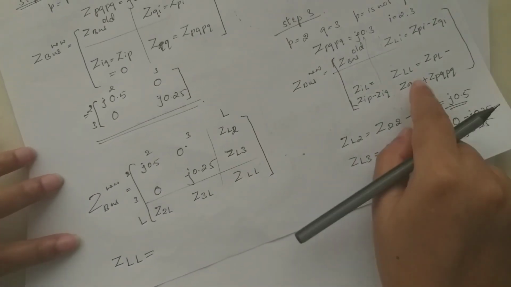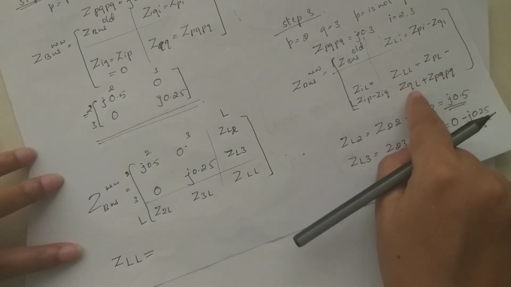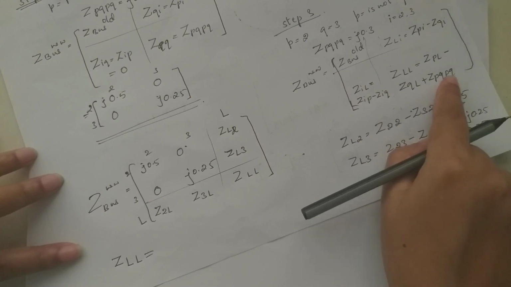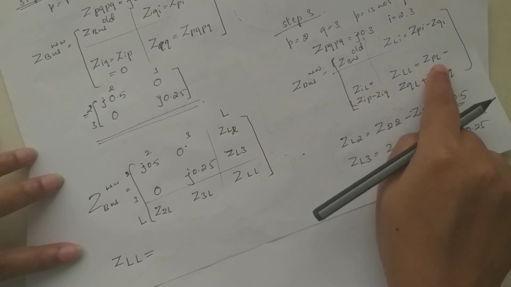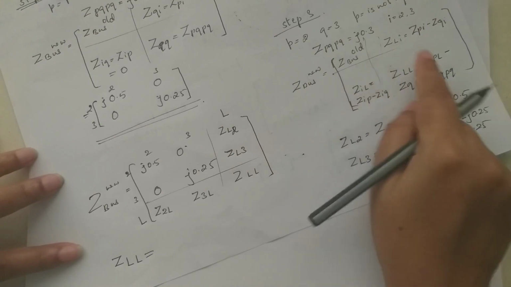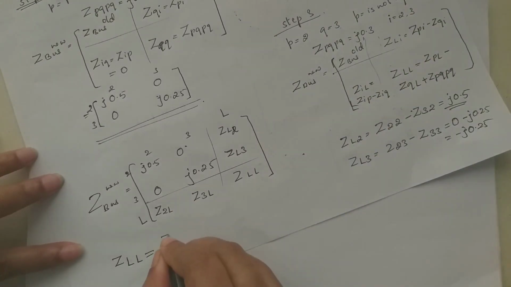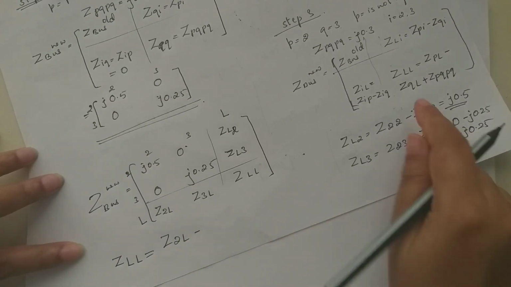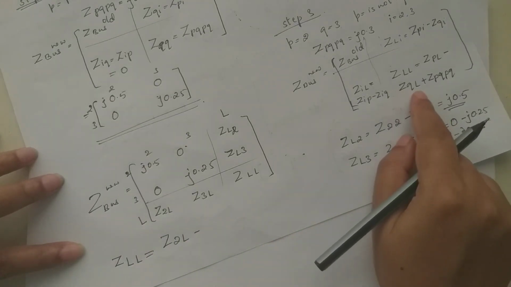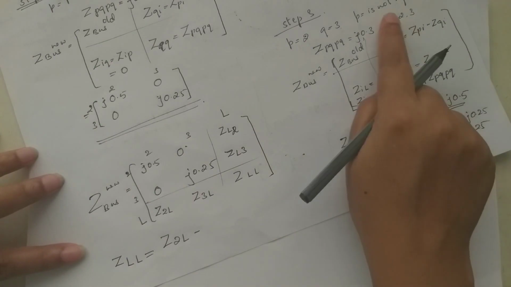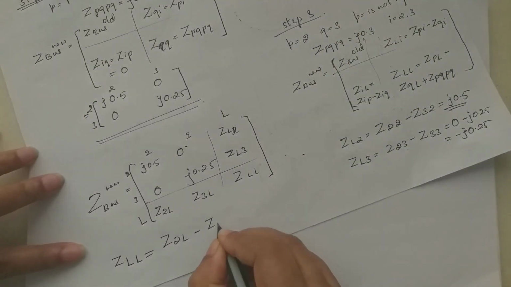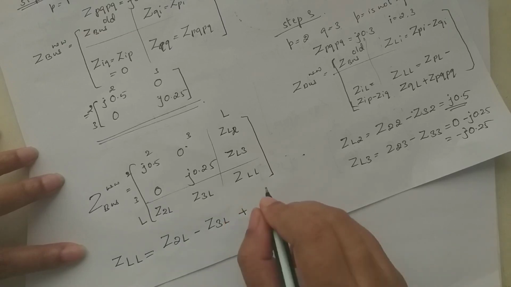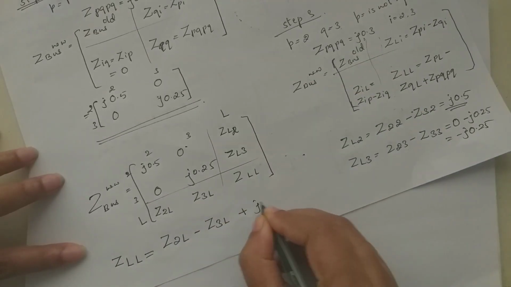ZLL is equal to ZPL minus ZQL plus ZPQ. What is the value of P? It is 2, so Z2L minus ZQL, where Q value is 3, so Z3L, plus ZPQ, whose value is j.3.